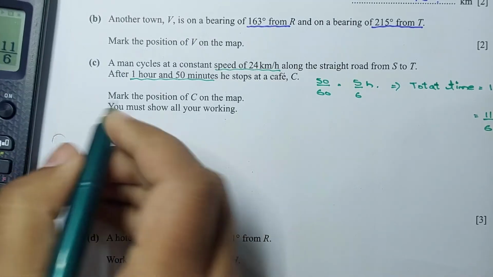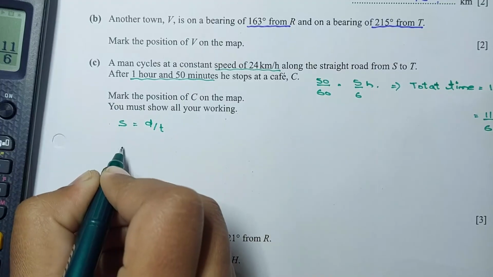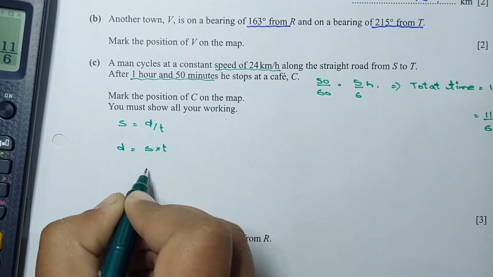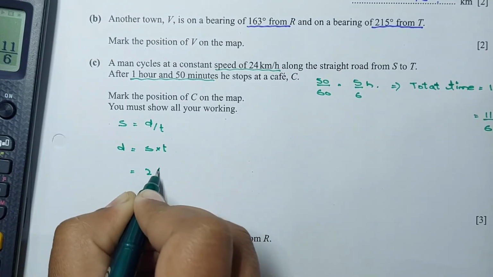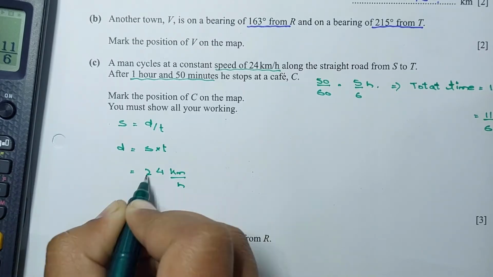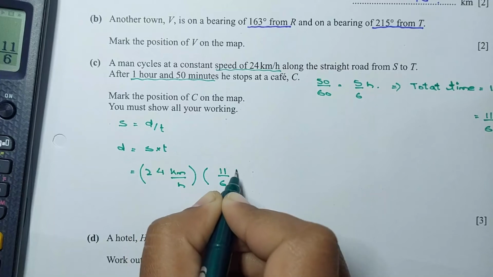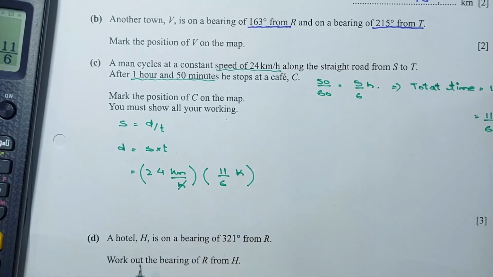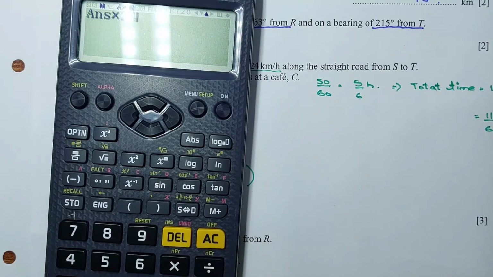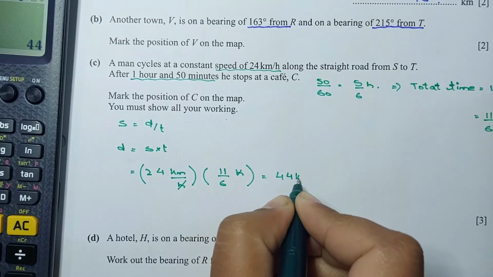We have the formula of speed, which is distance over time, and to find the distance we have to do speed times time, right? The speed we have given is 24 km per hour, multiplied by the time 11 over 6 hours, right? Hours cancel with hour, so 11 over 6 multiplied by 24 is 44 km, right?